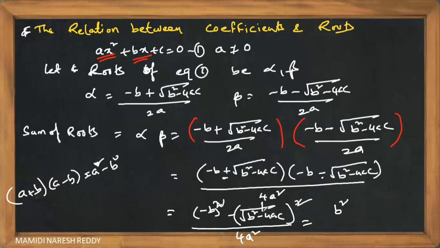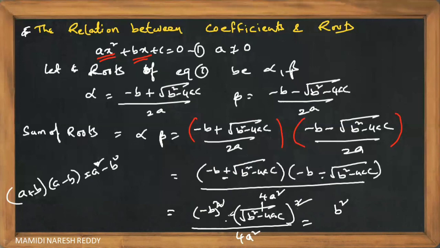Here we need to take care of one thing, children. The entire term is within the bracket, but there is a security guard in front of the bracket. Who is the security guard? Whenever you are removing the bracket, you need to take care of this security guard.